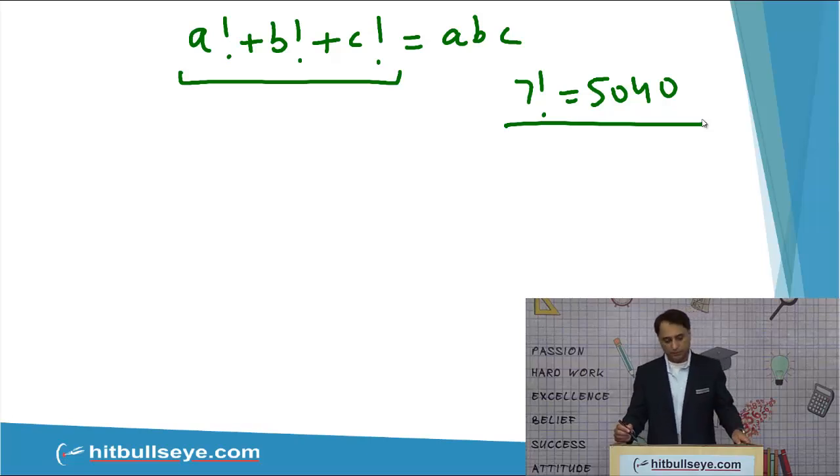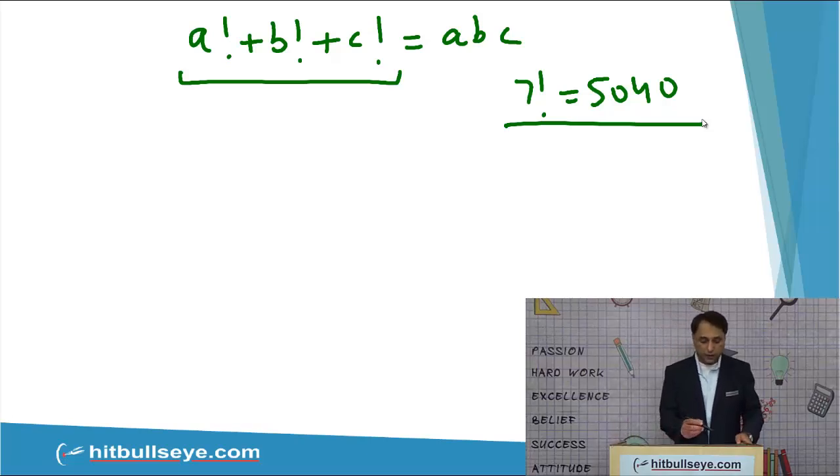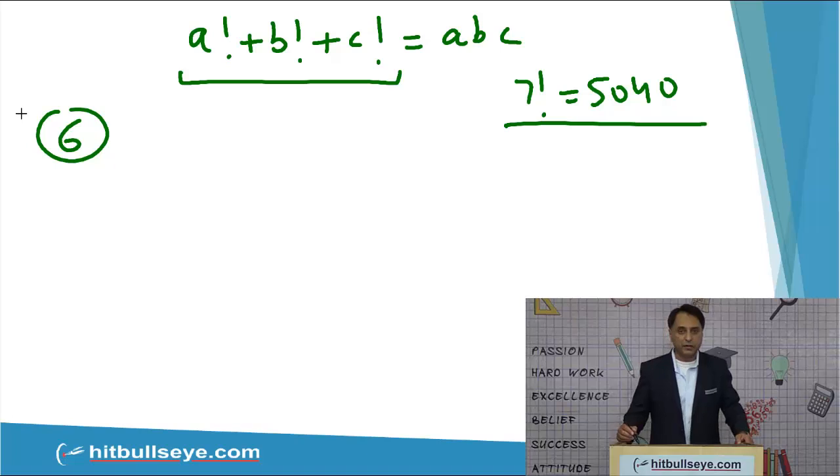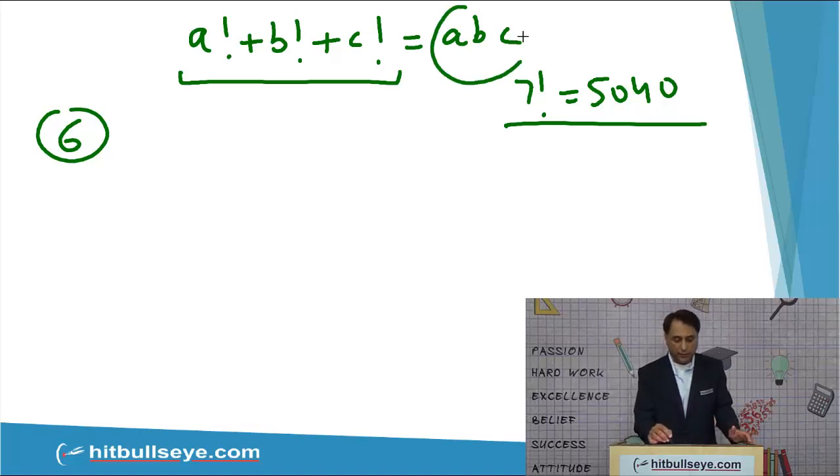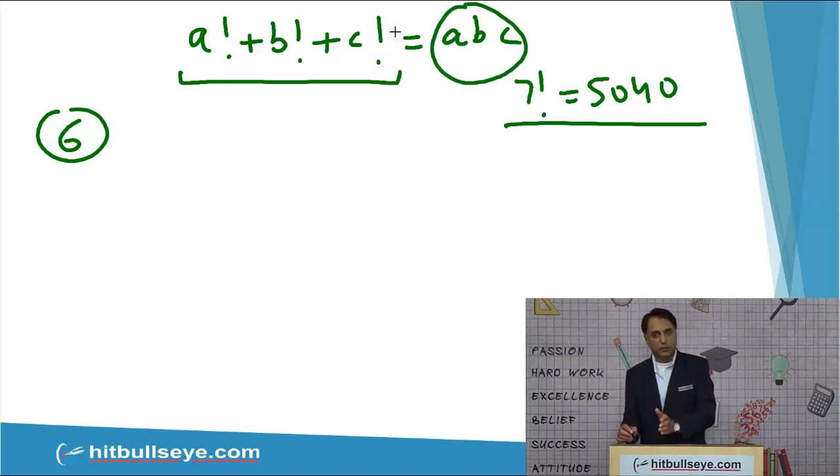Now the next step is trying to understand whether 6 is a possible value on the left hand side. The minute you get a 6 on the left hand side, you get a 6 factorial, which gives you 720, which means you have a number on the right hand side which is more than 720, because you have to add 2 more factorials to it.